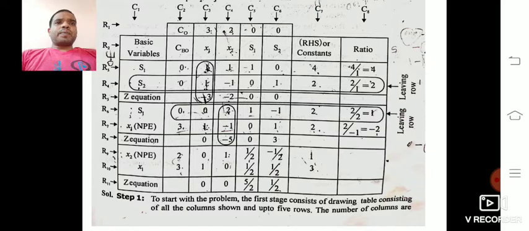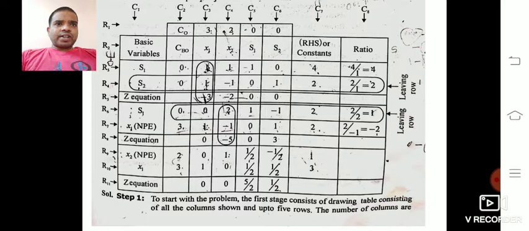Similarly apply for the x2 column, the C5 column and the C6 column. Again we are getting a negative value, minus 5, so we select the highest negative value, which occurs at the C4 column, and encircle it; that we can call the entry column.